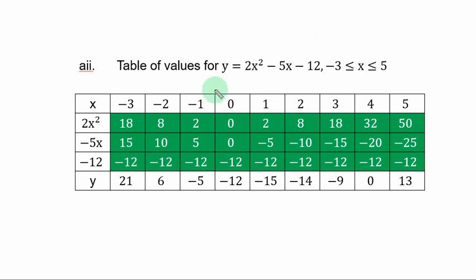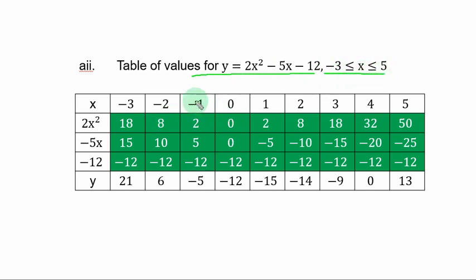Remember figure 2, you are asked to copy and complete the table of values. And here the relation is y equal to 2s squared minus 5s minus 12. This is the interval for the range of values of s.